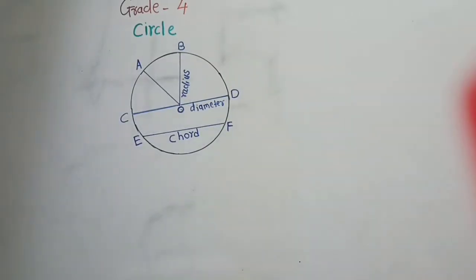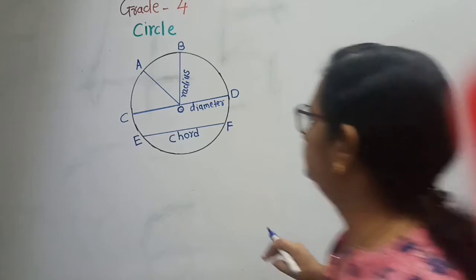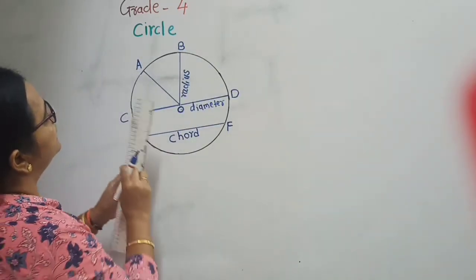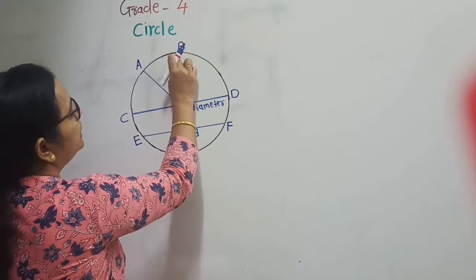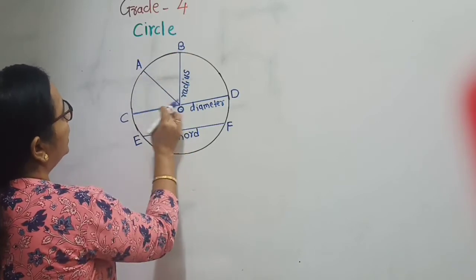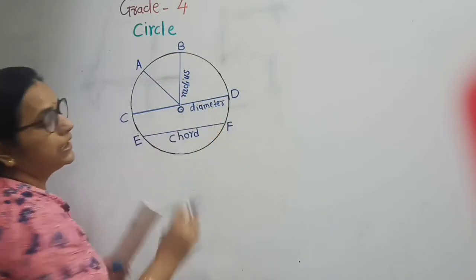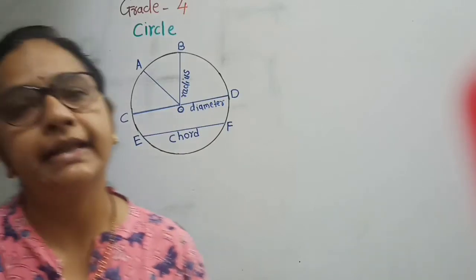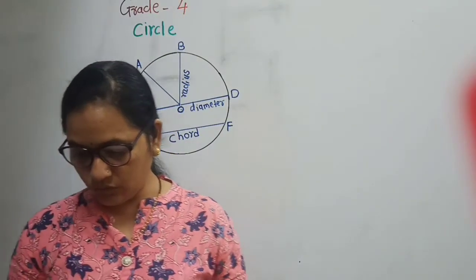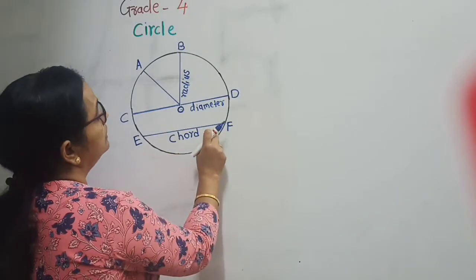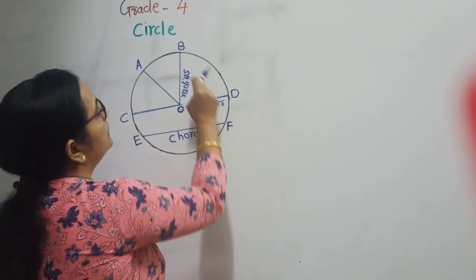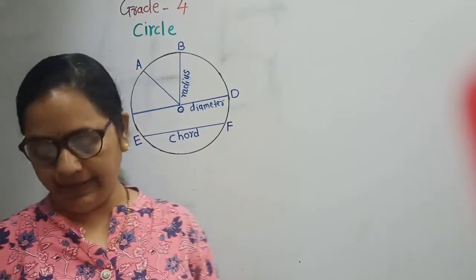Then OB, OA, OC, OD, these are radii. So a circle has many chords, many diameters and many radii.